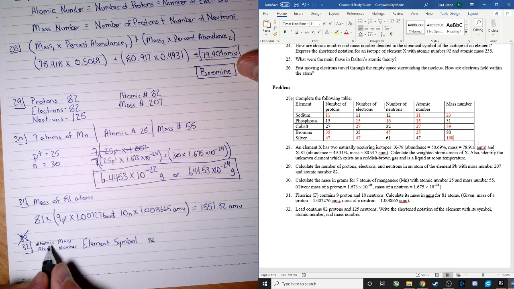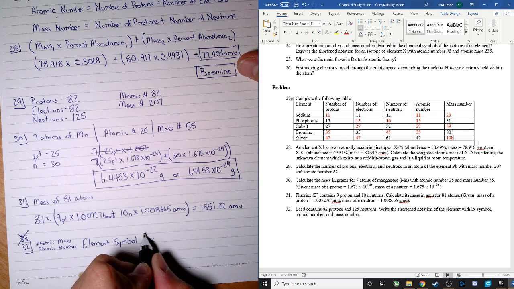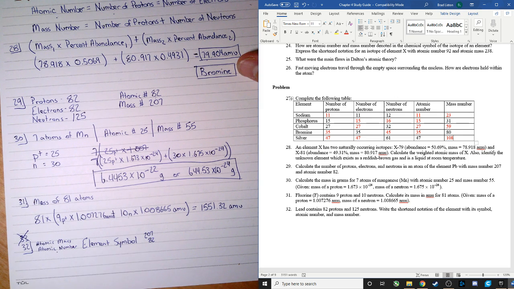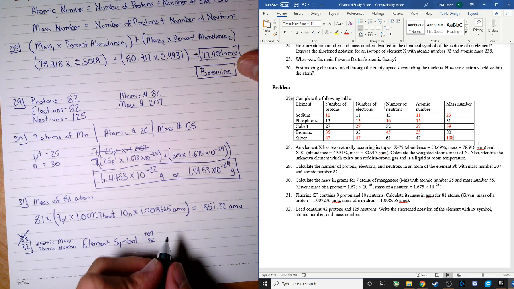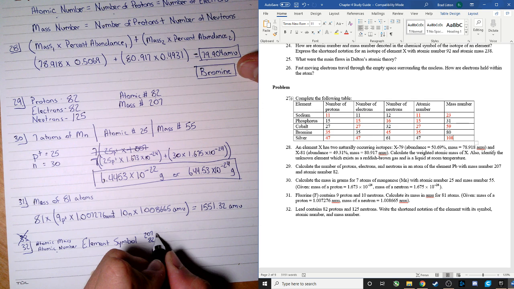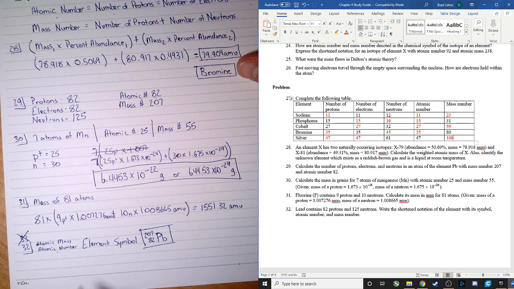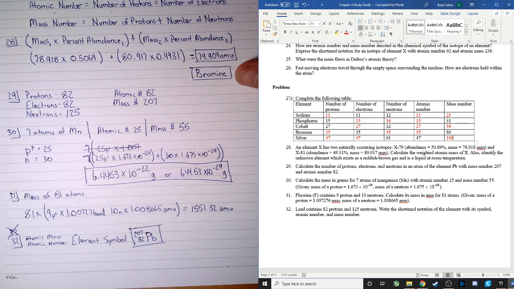So 125 plus 82 is 207. And then we just need our element symbol. For lead, it is Pb. And that is your answer.